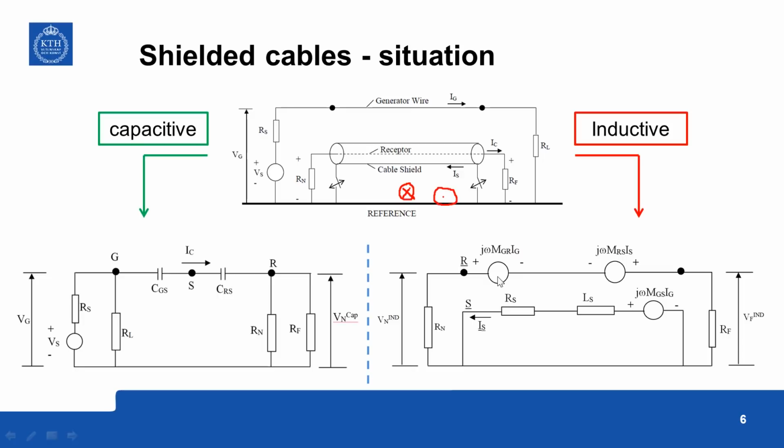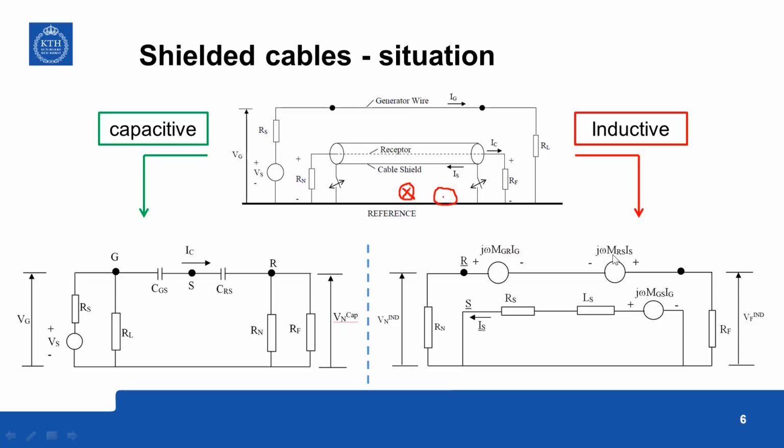So this gives the complete equivalent circuit for the inductive coupling. Now we can do further simplifications in this. For example, the mutual inductance between the generator wire and the shield will be approximately equal to that between the generator wire and the receptor also. So MGR and MGS, these two sources are almost identical.